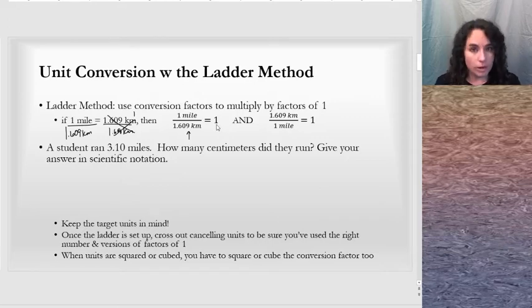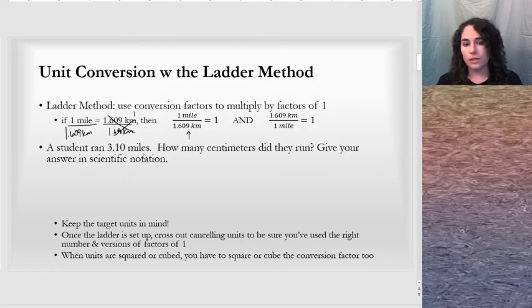And what we know about factors of 1 is anything multiplied by 1 is still the same thing. So I can multiply by these factors of units and not fundamentally affect the answer, but convert from one system to another. So that's the idea for unit conversion.